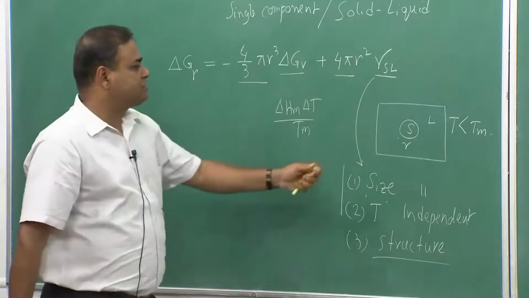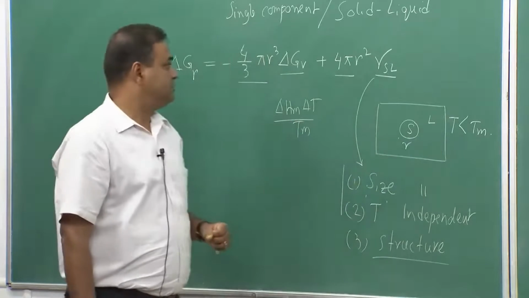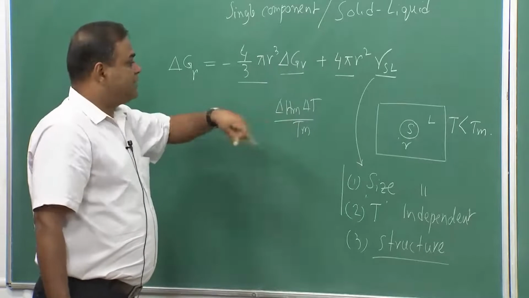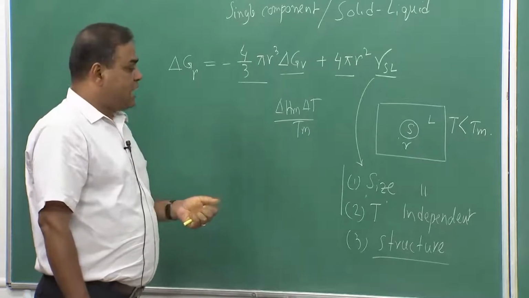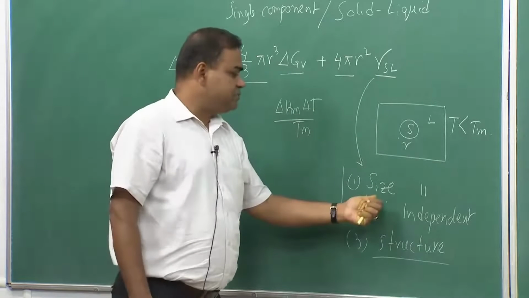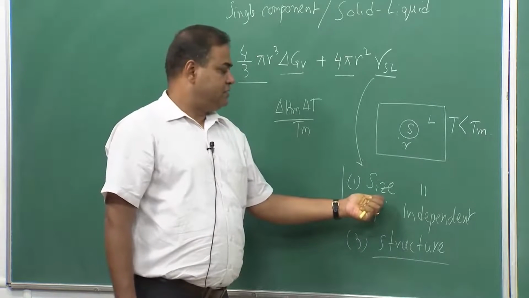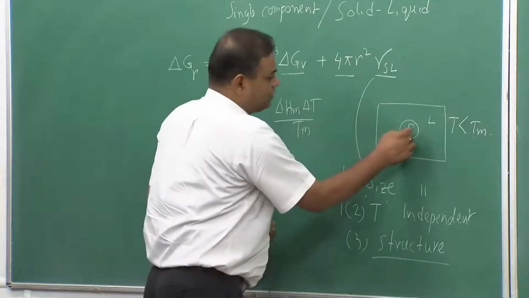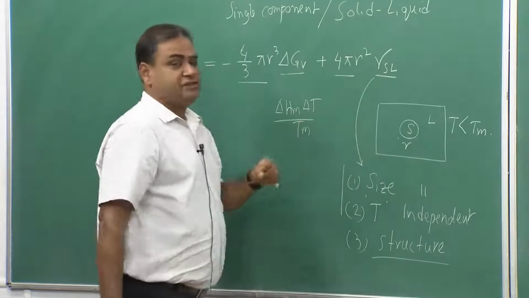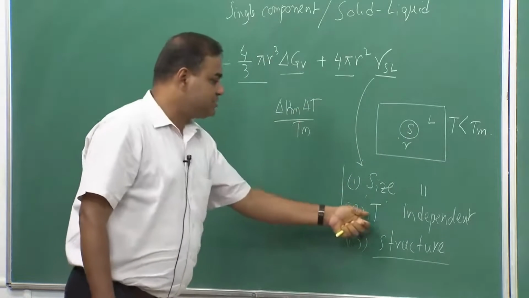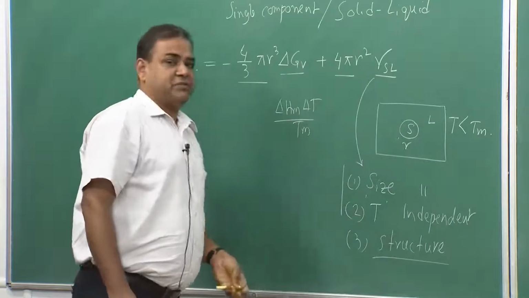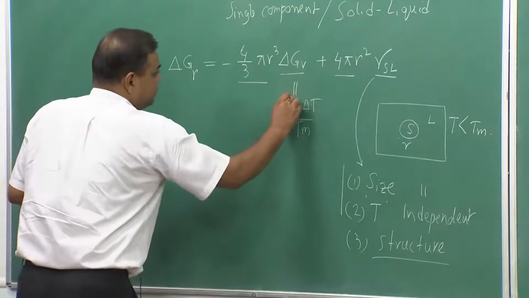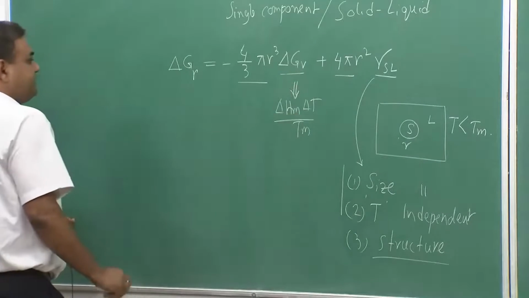Since we are considering a particular temperature, this does not vary, and since we are considering it to be independent of size, even if this particular thing grows or decreases, this does not change. In addition, it does not vary with temperature. So, it is a constant term. Now, this is the expression for del G V.